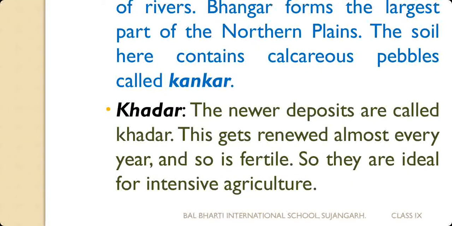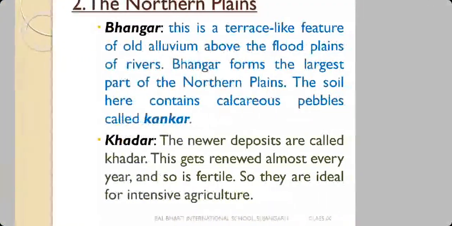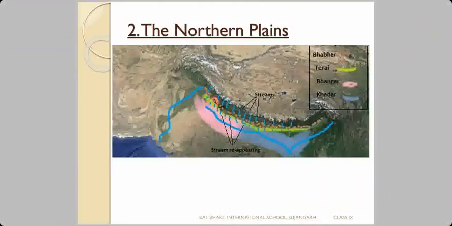This is the difference. And this gets renewed almost every year, so it is very fertile. It keeps getting washed away and new gets added here, and this makes it new all the time, very good for crops, and this is the reason why it is intensely cropped or given for agricultural activities.